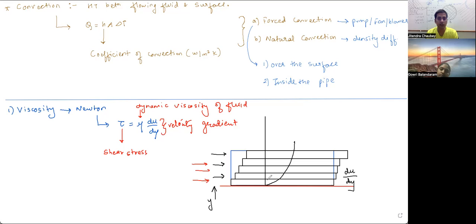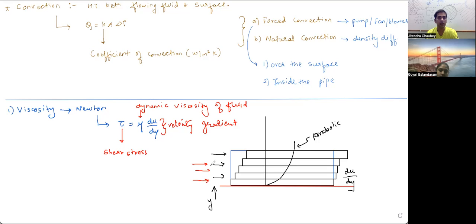This layer has lesser velocity, the upper layer has more velocity, the layer above has a bit more velocity, and it goes on increasing in this manner. This curve has a parabolic profile. So this is a parabolic curve.